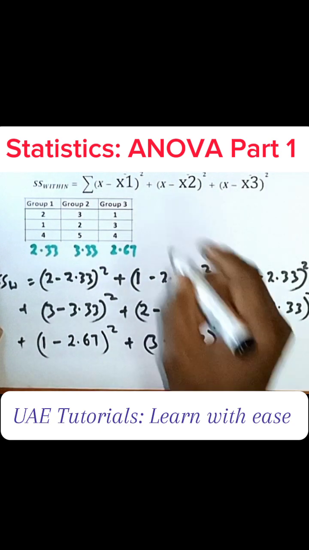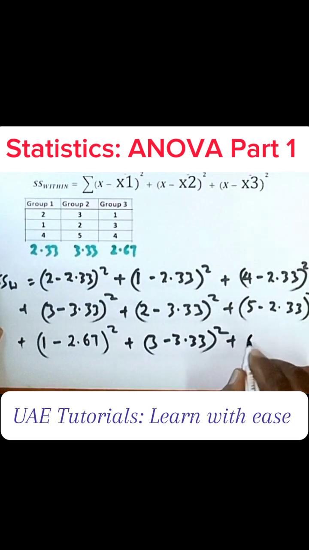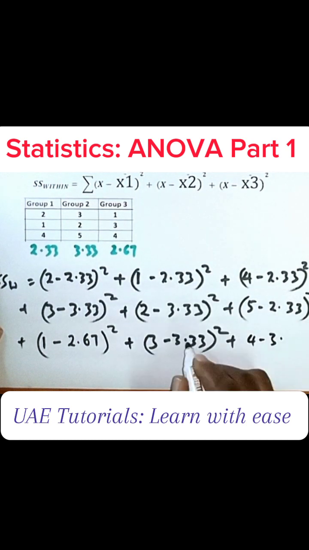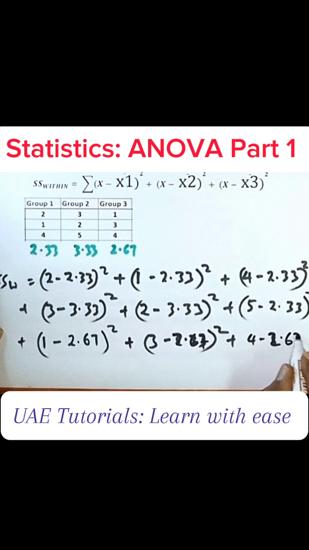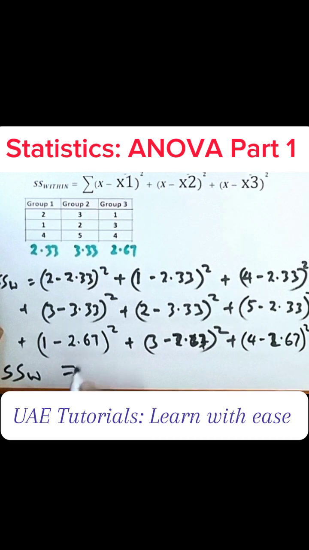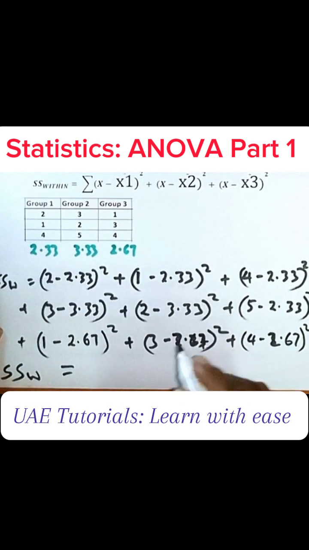And finally, for group 3, I have 4 minus 2.67, rather. Now squared. So, if you do all of that, sum of squares within will give you 14.0.